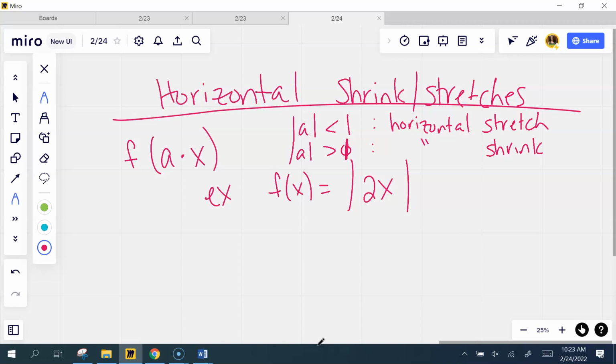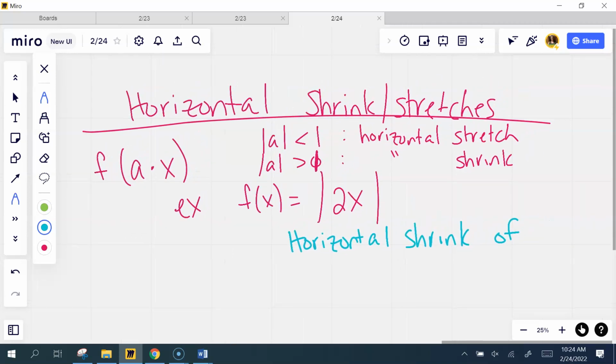But because this is in parentheses, I'm going to treat this as a horizontal shrink or stretch. Shrink of, and now I've got to think about my factor. In this case, the factor is 1 over a.